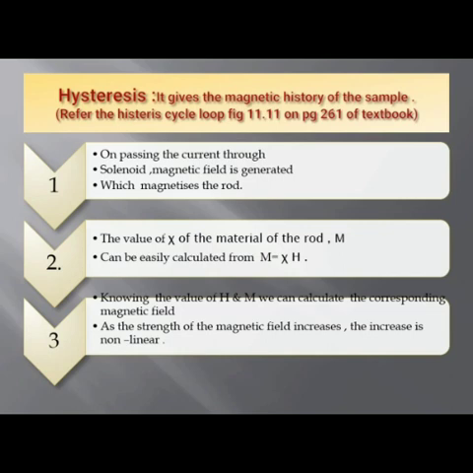The value of the magnetization of the material of the rod, that is M, can be easily calculated by using the formula capital M is equal to magnetic susceptibility multiplied by H. Thereby, knowing the values of H and M, we can calculate the corresponding magnetic field.